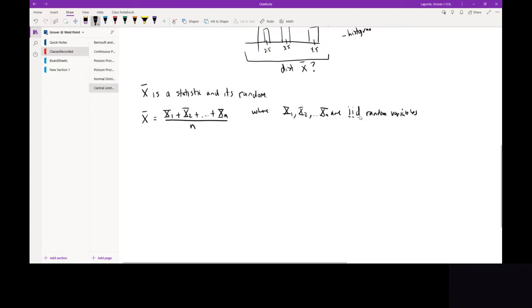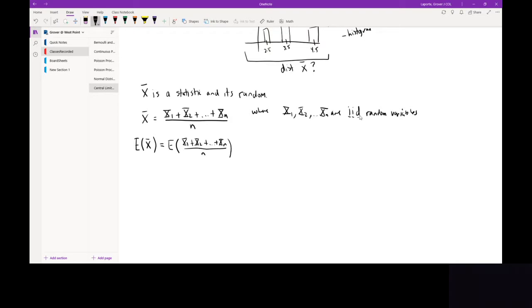As long as that's true, then we can calculate the expected value of X bar. That's going to be equal to the expected value of x1 plus x2 plus ... plus xn, all divided by n.